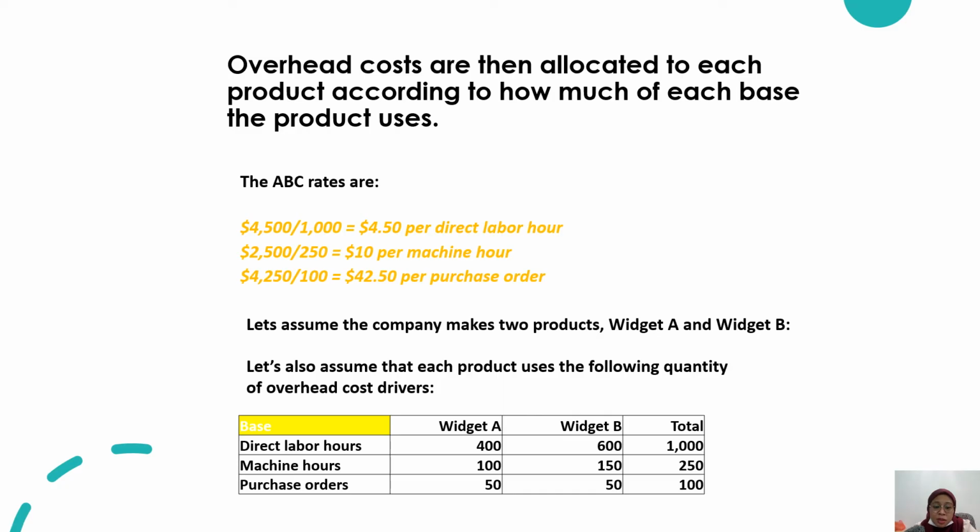We multiply direct labor hours 400 by $4.50 for each labor hour. For machine hours, you multiply by $10. For purchase orders, you multiply by $42.50. So let's look at the next slide.